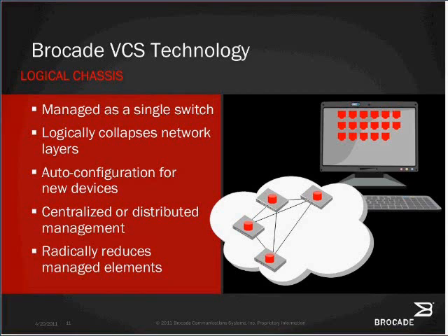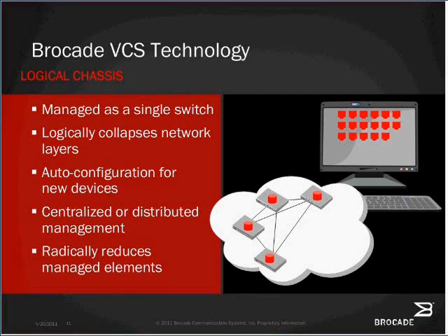But the important thing here is that as these environments scale, you also want to keep them, from an operating expense standpoint, as efficient to manage as possible. And so we have a concept that we call logical chassis. What it allows is that entire fabric of switches that are formed to be managed as one single switch. So all of the ports in the fabric will look as though essentially they were part of a large modular switch, accessed by switch ID and port number, but managed as though they were one switch.